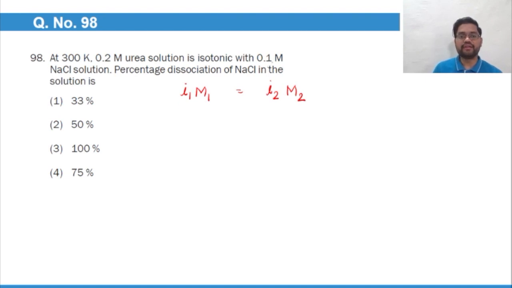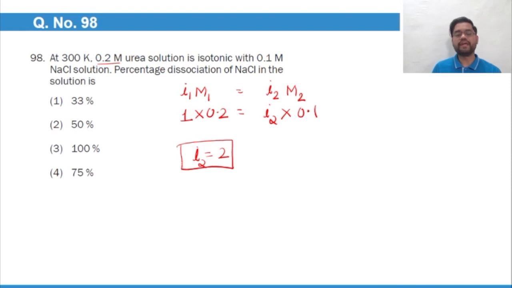For urea, 0.2 molar solution is given, so I is 1 for urea. For NaCl we don't know I2, but we know the molarity, 0.1, right? Hence from this equation, can I say I2 is equal to 2? Isotonic solution, so I2 is equal to 2.